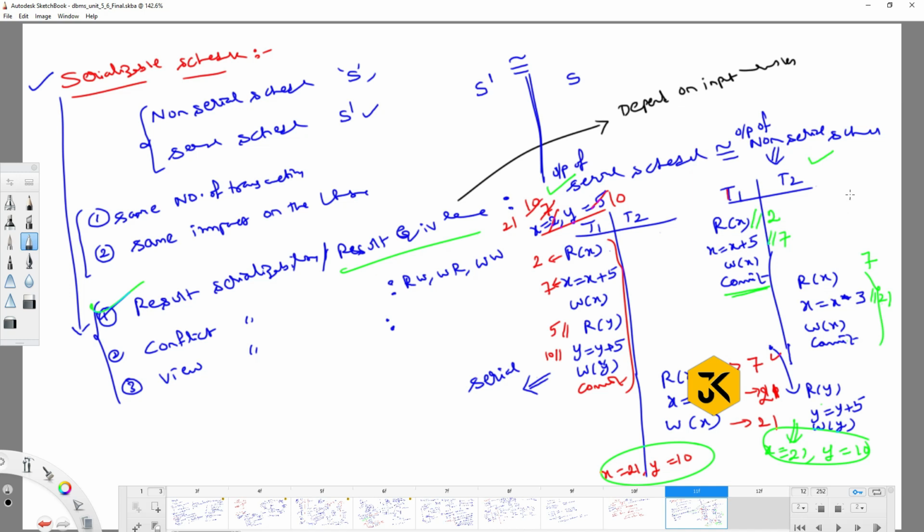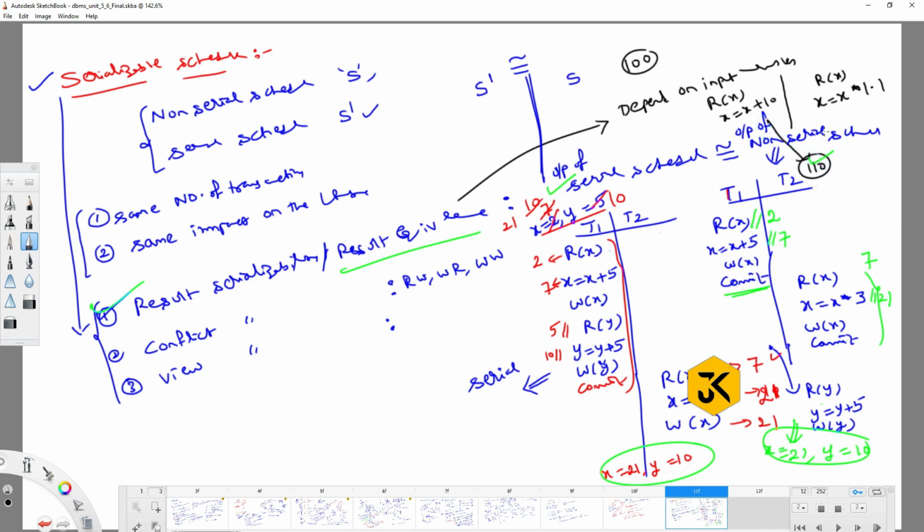If I say read of x and x equal to x plus 10, the same thing can be written as read of x, x equal to x into 1.1. Can I write that? For example, if I say the value of x is 100, what might be the x value now? 110. X value is 110 now.